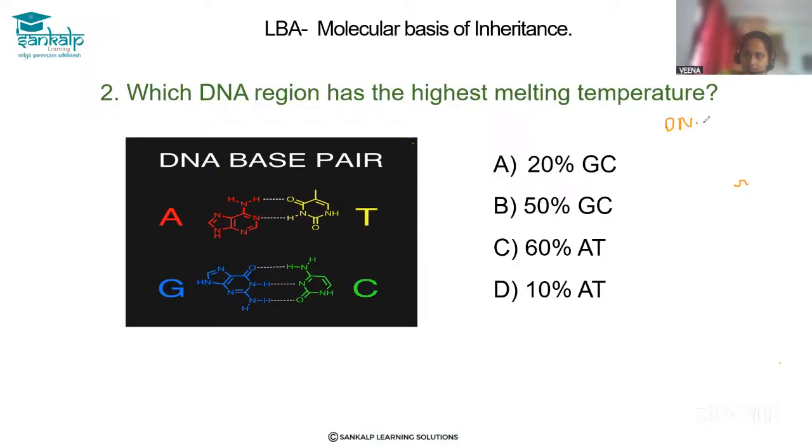Both the strands are helically wound around each other to form the DNA helix structure. So this is called the DNA helix structure. Okay, the two strands are anti-parallel to each other, 5 dash to 3 dash.